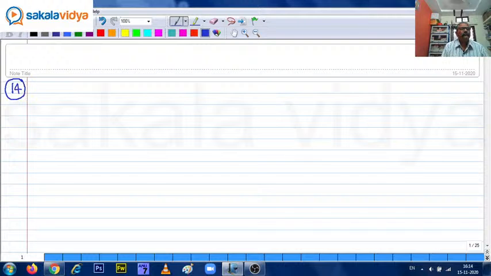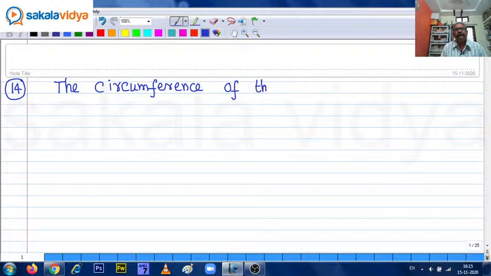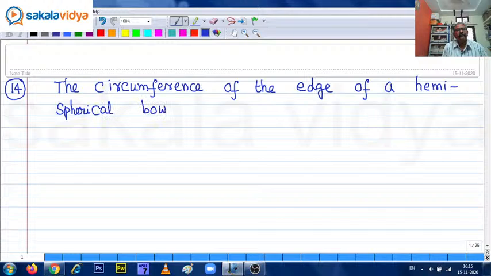14th question. The circumference of the edge of a hemispherical bowl is 132 centimeters.